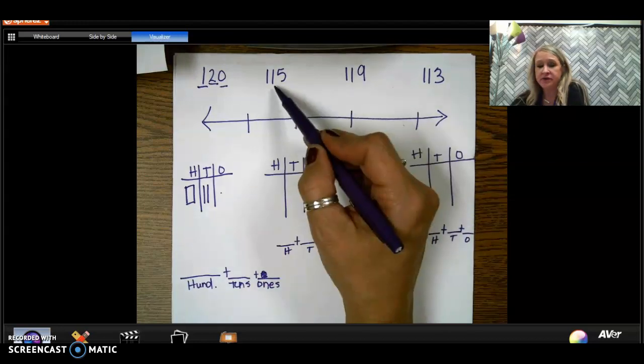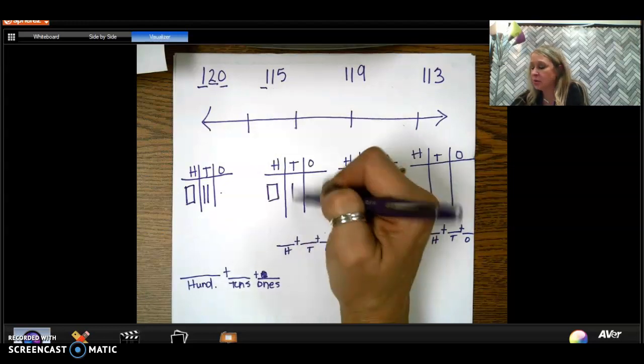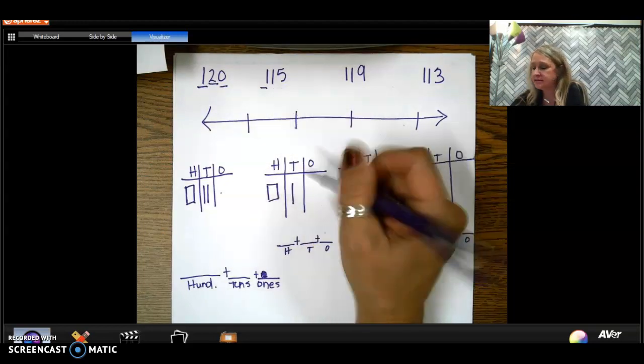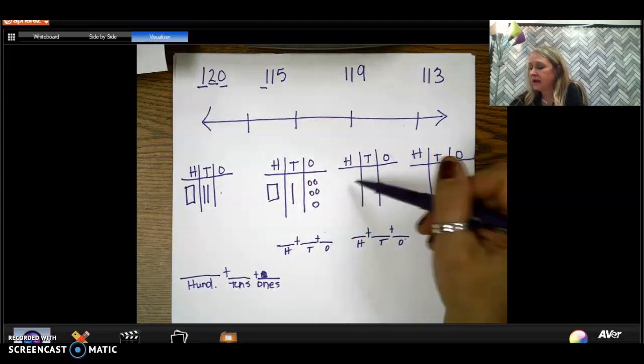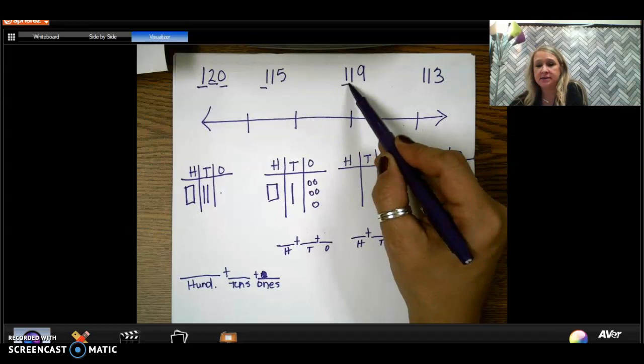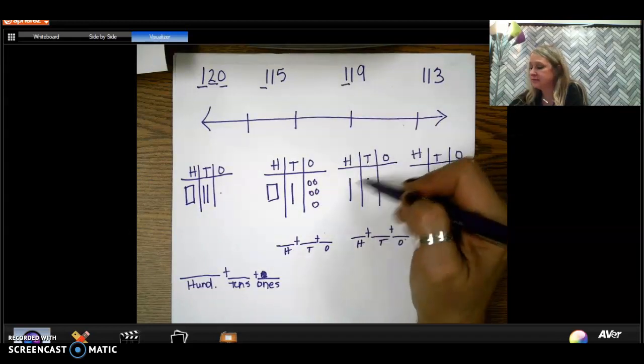What about 115? How many hundreds? 1. How many tens? 1. How many ones? 5. How many hundreds in 119? How many tens? 1.